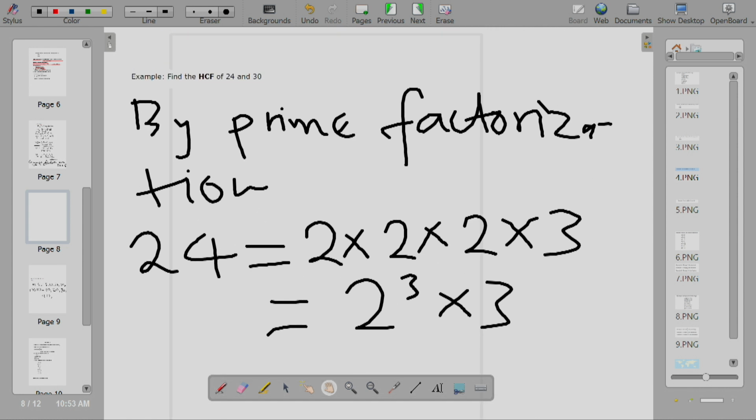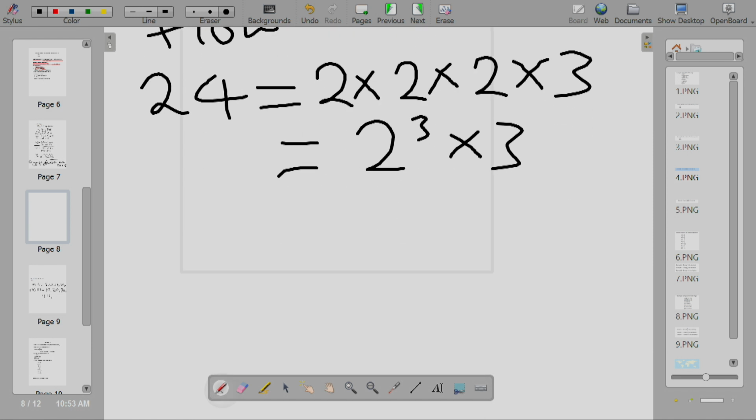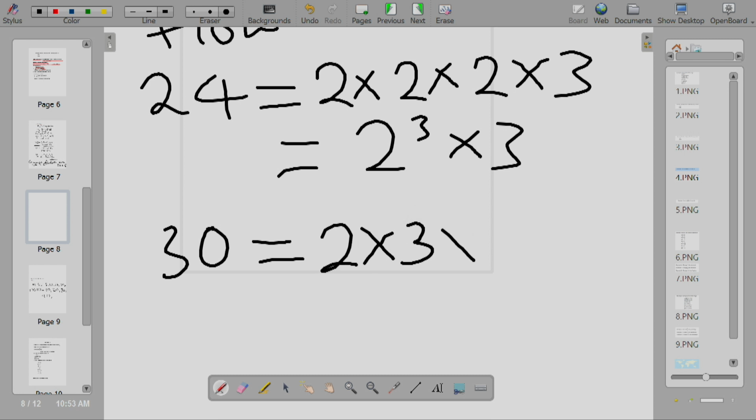Also, another number is 30. 30 equals 2 times 3 times 5.